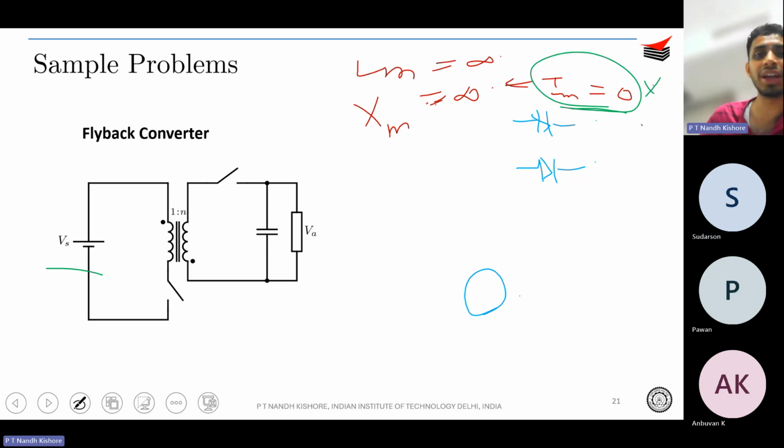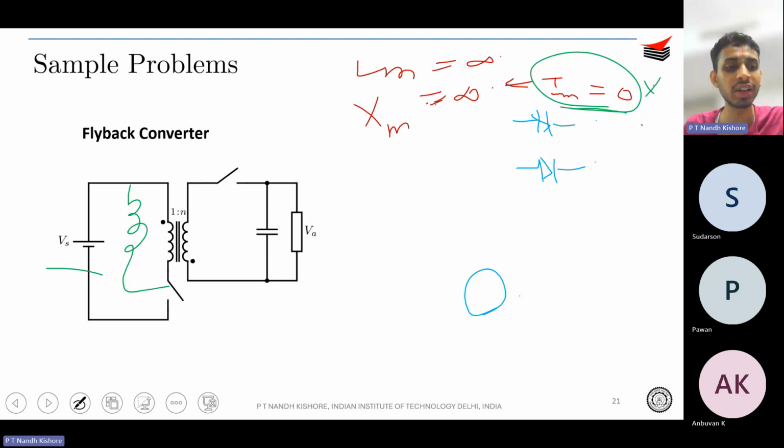People use this in the flyback. This is one of the applications wherein the non-ideality in a transformer helps you. Whenever we design transformers, just for voltage step down or step up, we want to keep the magnetizing inductance as large as possible. However, when people design a flyback converter, they design a transformer such that they get a particular value of inductance over here.